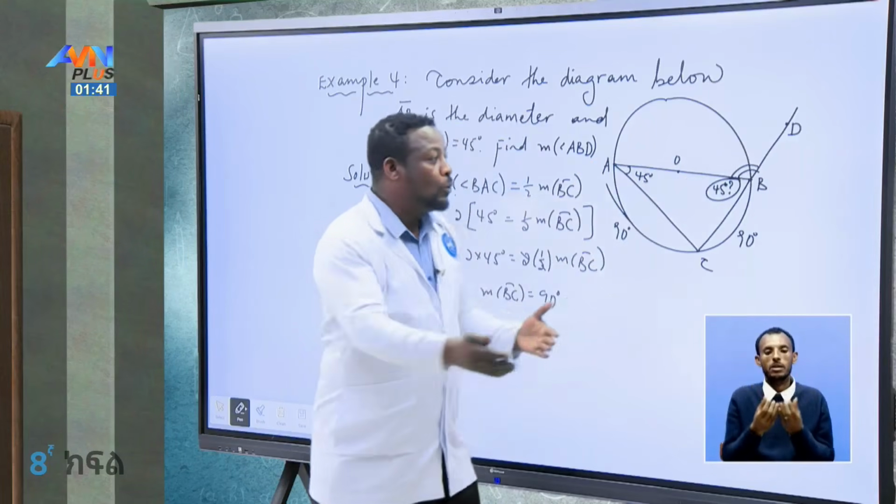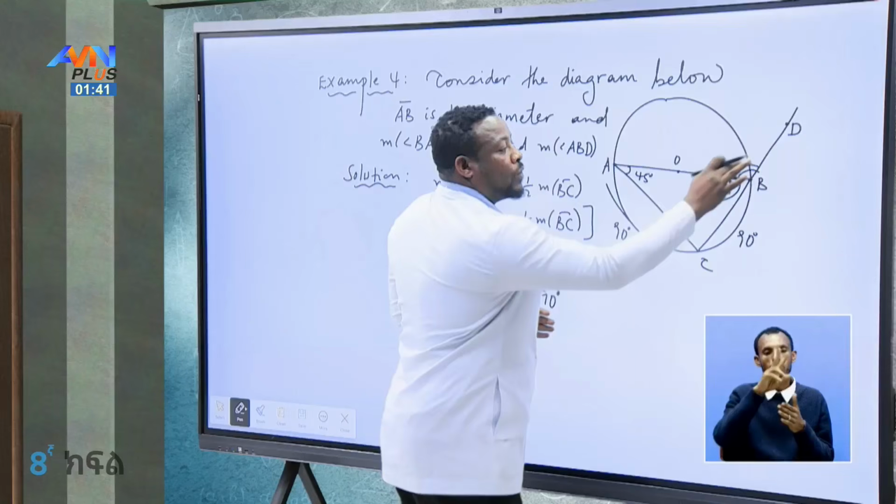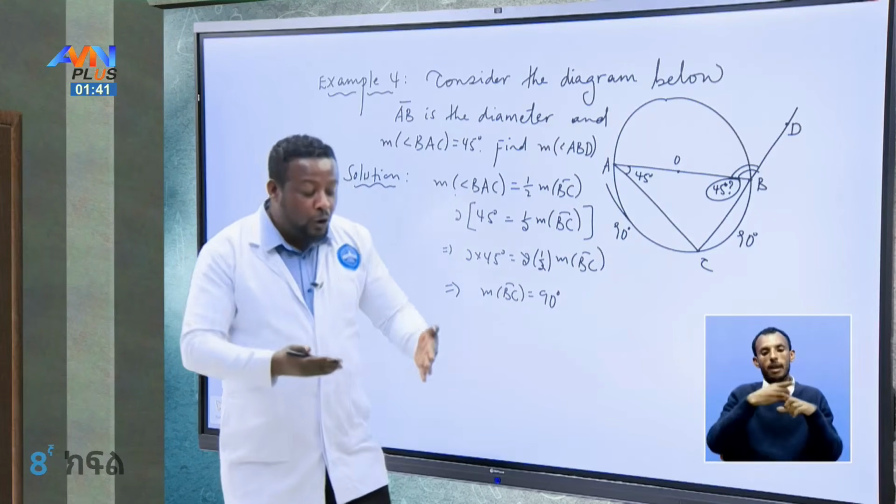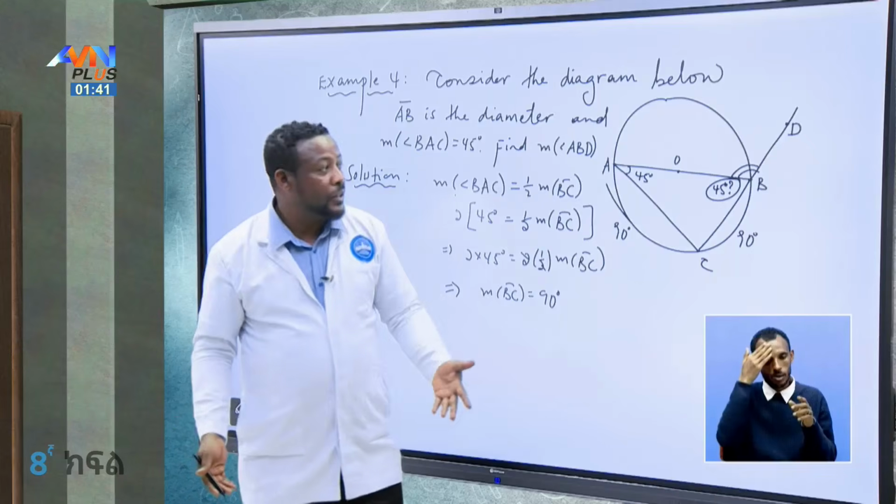As you all know, these two pieces of angles form a straight angle, and a straight angle is 180 degrees.